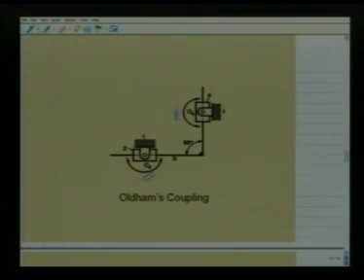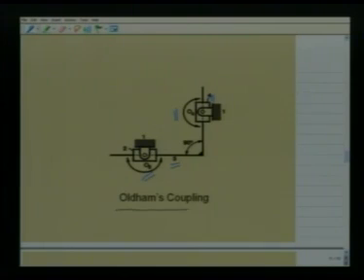So thus if we rotate link number 2, that is in translation with link number 3, which is again in translation with link number 4. Thus link 2 and link 4 have only relative translatory motion. In other words, they have the same angular motion.